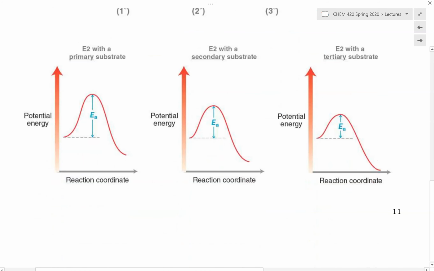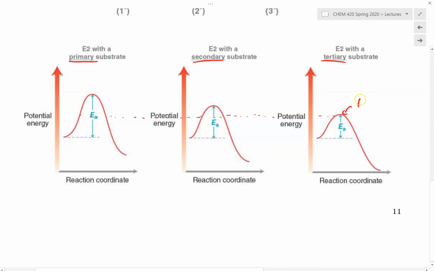When we compare the transition state in an E2 reaction between a primary substrate, a secondary substrate, and a tertiary substrate, if we have a tertiary substrate, then the transition state is actually more stable. And because it is more stable, it is lower energy, or has a smaller activation energy, compared to the primary or the secondary substrate.